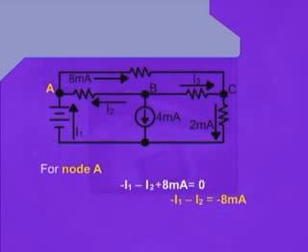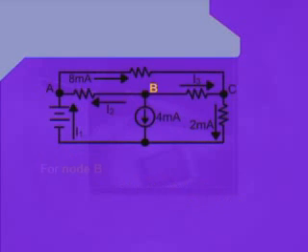Rearranging it, we can write as minus I1 minus I2 is equal to minus 8 milliamperes. Therefore, we end up as I1 plus I2 is equal to 8 milliamperes.